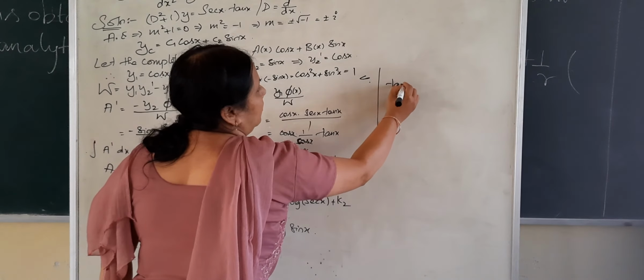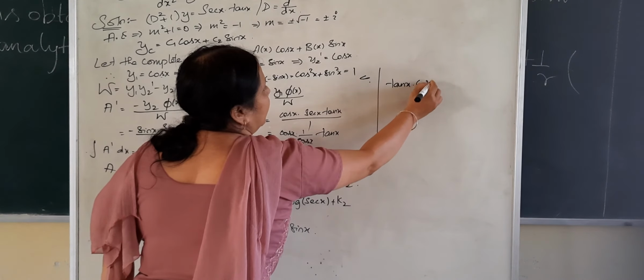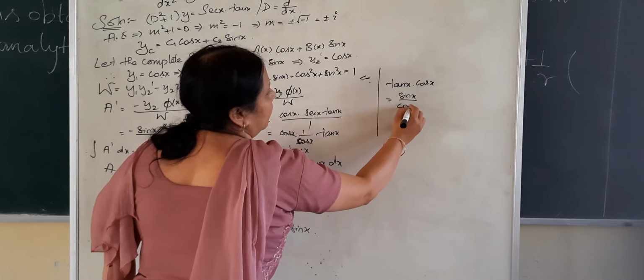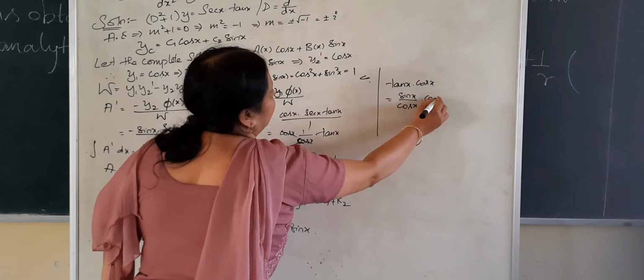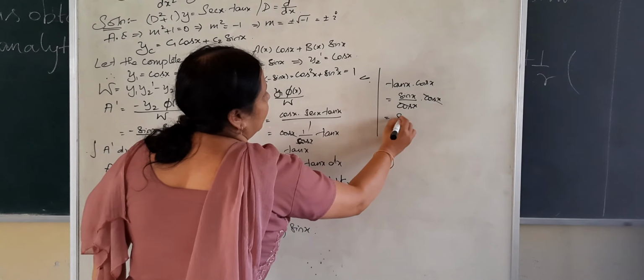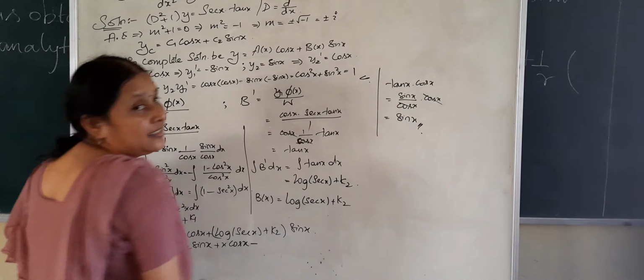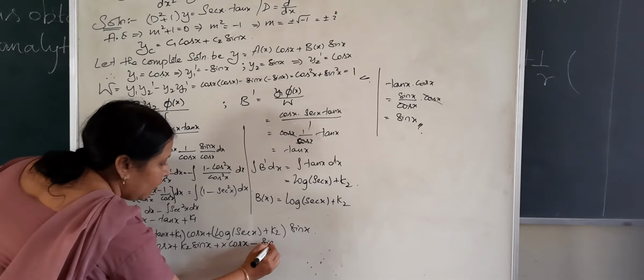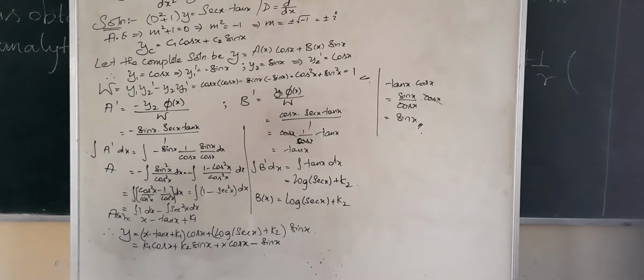Tan x into cos x is equals to sin by cos into cos x. You can see both cos get cut. So you are going to get just sin x. So minus tan x into cos x can be directly written as minus sin x. Understood?